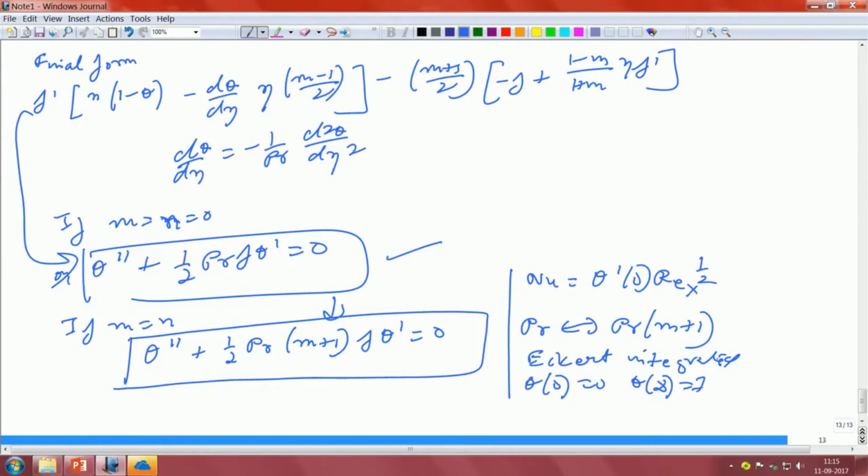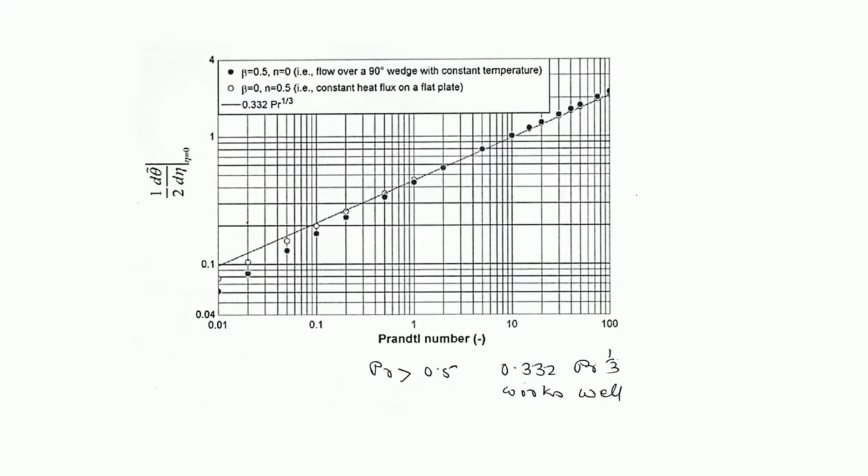Okay, so if you look at the presentation format once again, this is basically the expression, and the line given as a solid line is the correlation that you are most experienced with, plotted in terms of Prandtl number.